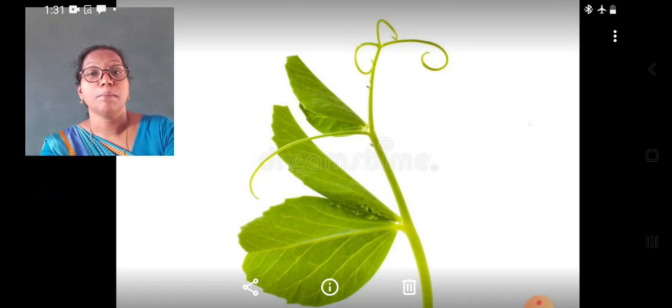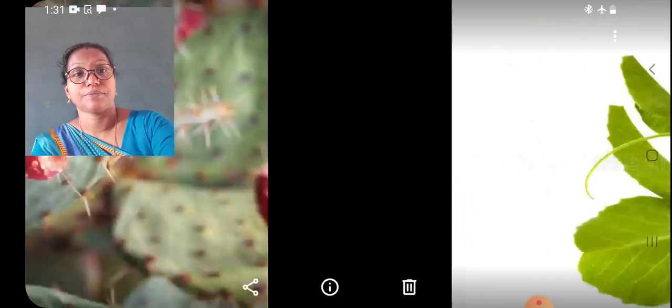Plants like peas, lentils have leaf tendrils. These give support to the plant for climbing and clutching on a support. These structures twine on the support and help the plant to climb.